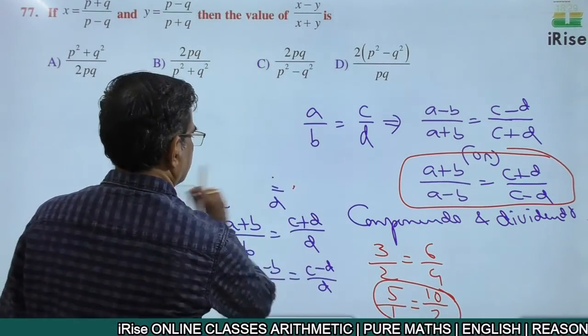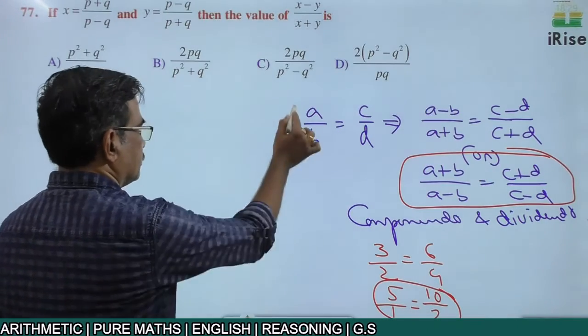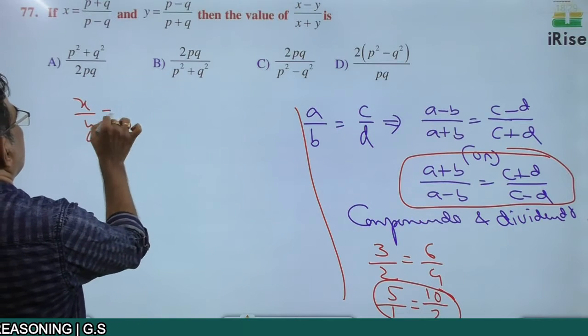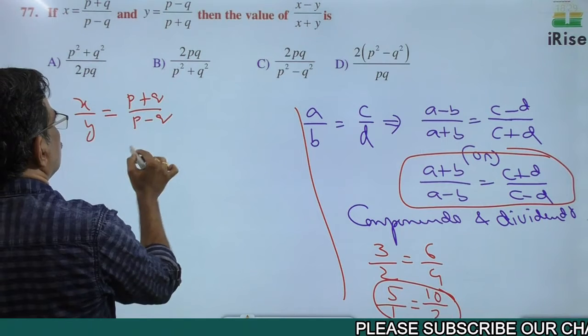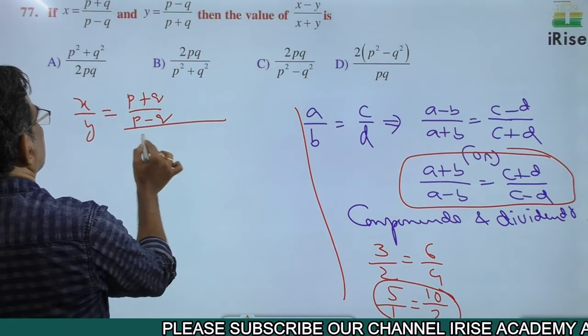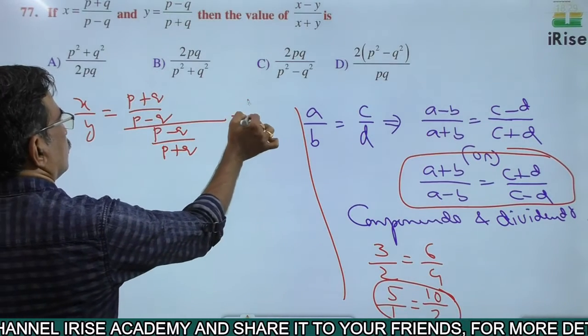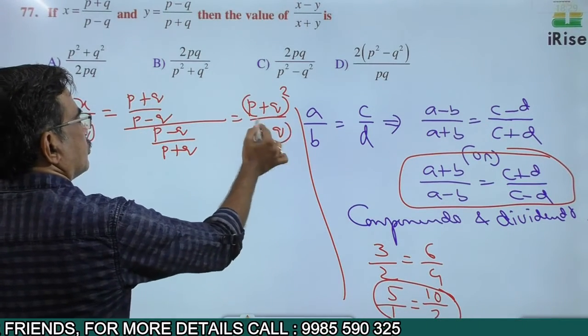Here the question is, I want to find first x by y is equal to (p plus q) by (p minus q) divided by (p minus q) by (p plus q), which is equal to (p plus q) whole square by (p minus q) whole square.